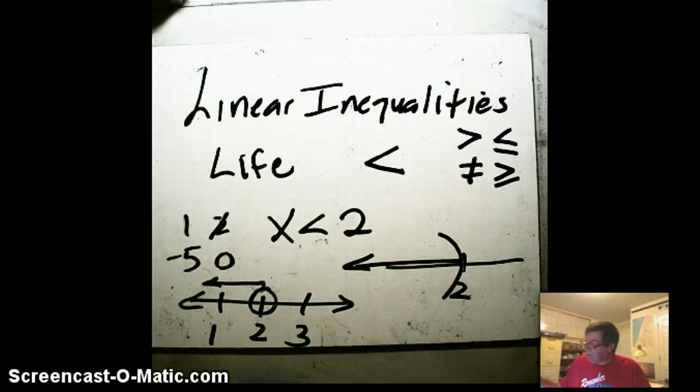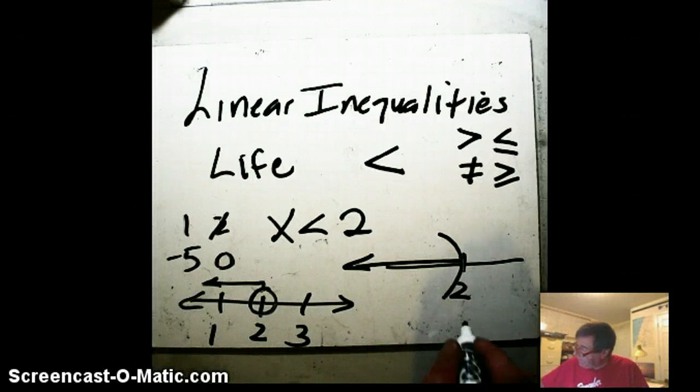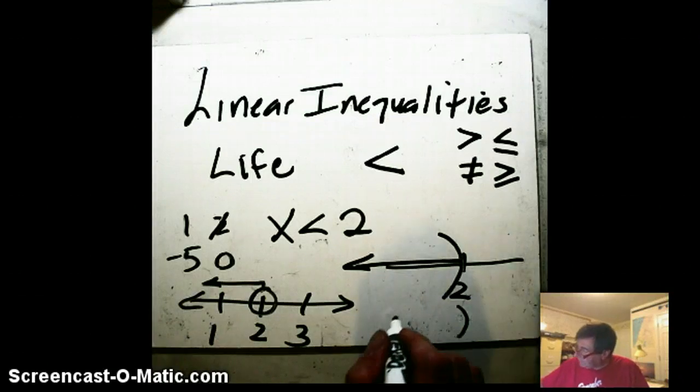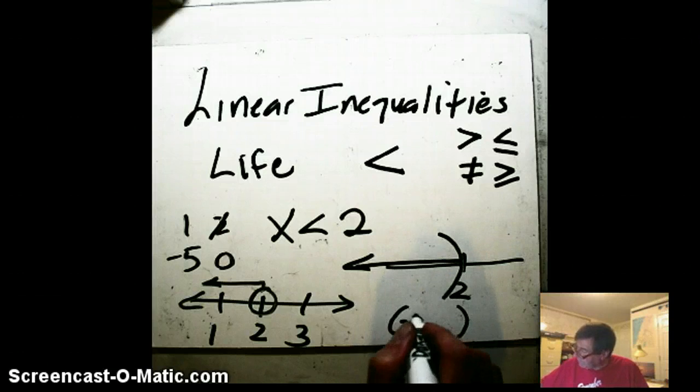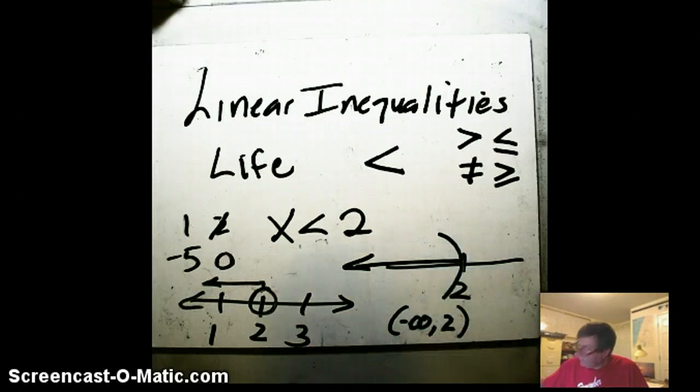Now this is going to look like a coordinate for the coordinate plane, but no, that, my friends, is interval notation. It means from negative infinity to 2, but not including the 2. Now, if that 2 was included, we would use a bracket, not a parenthesis. That is called interval notation.